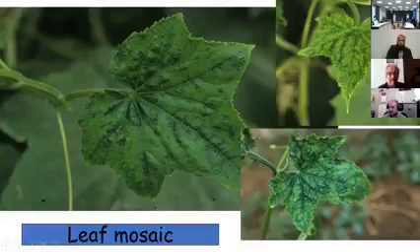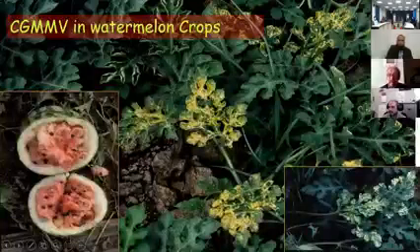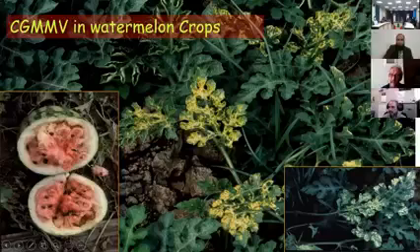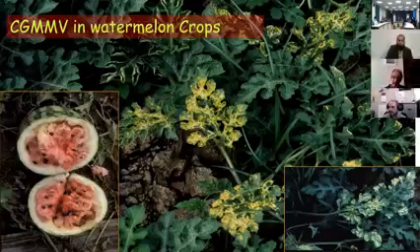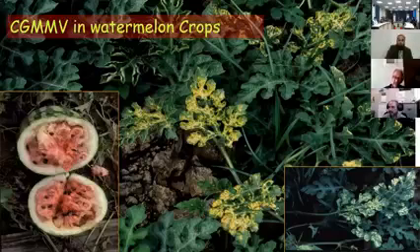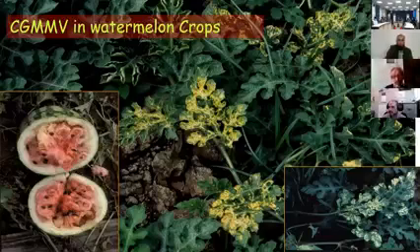But CGMMV is the major problem in watermelon crops. All of you know that now watermelon is grafted on different rootstocks in order to control fungal diseases, for example, fusarium. And because of that, they use different rootstocks. And if the rootstock is CGMMV infected, then the watermelon plant will also be infected.